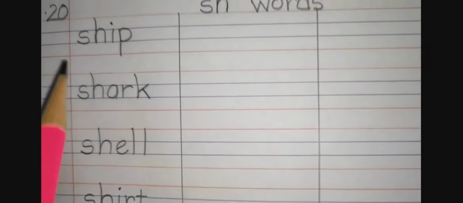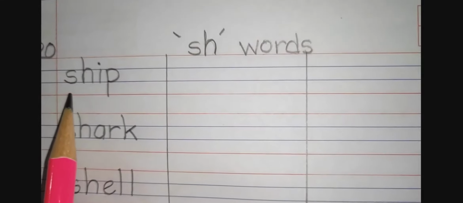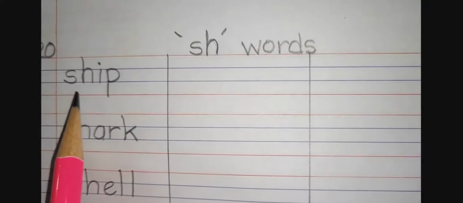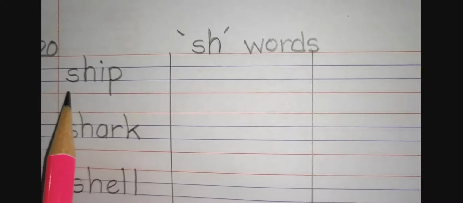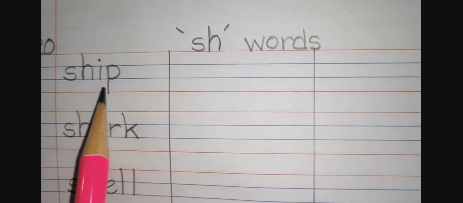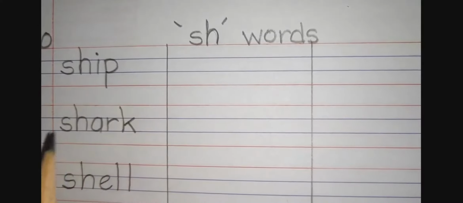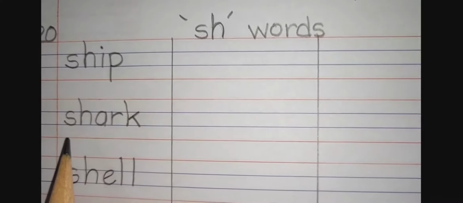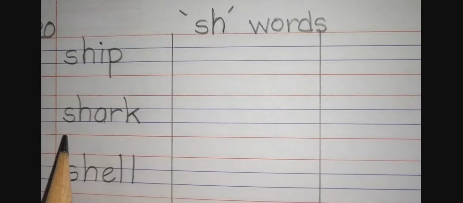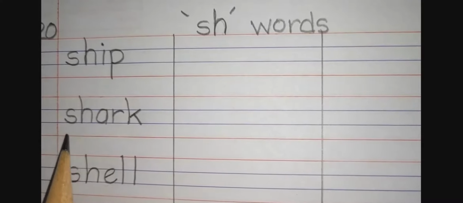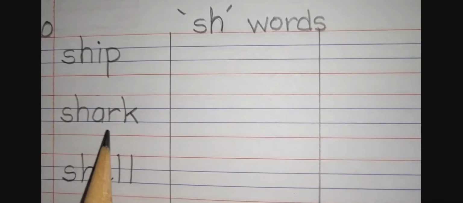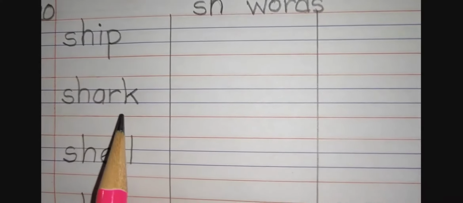Let's revise all the words once again. First word is ship. S-H-I-P. Ship. Next is shark. S-H-A-R-K. Shark.